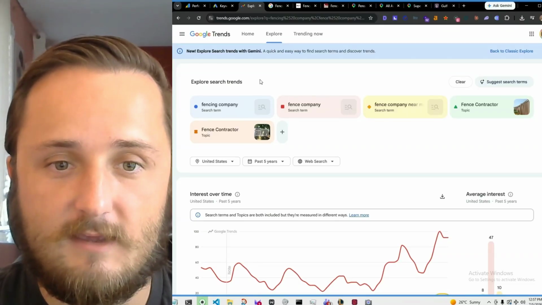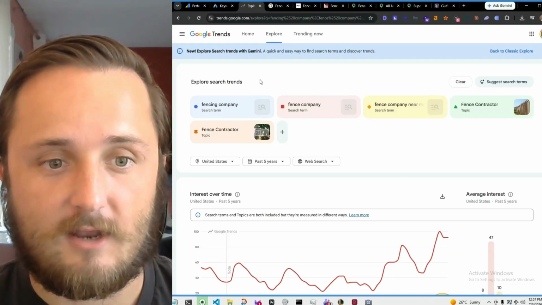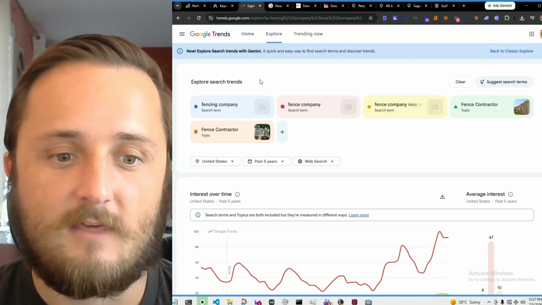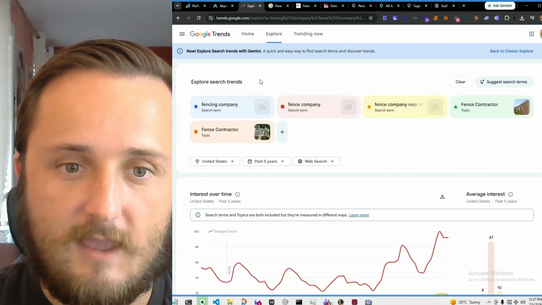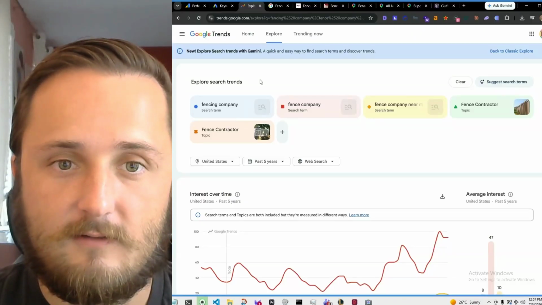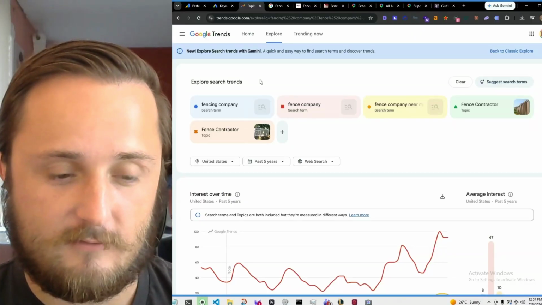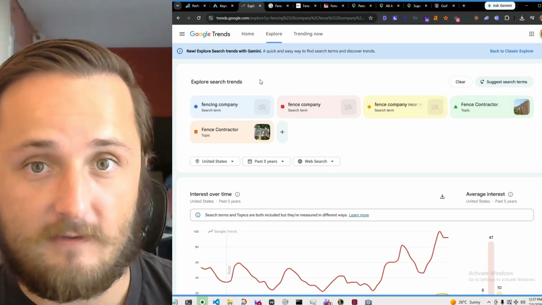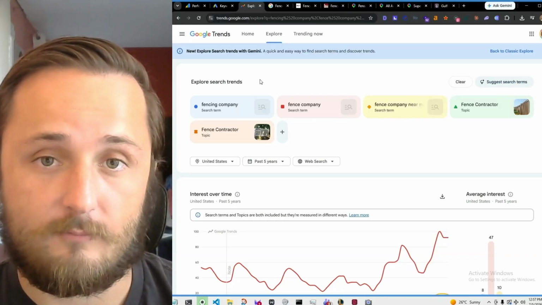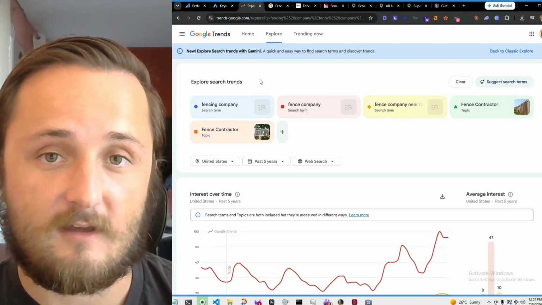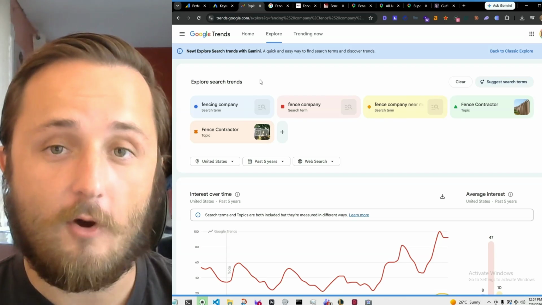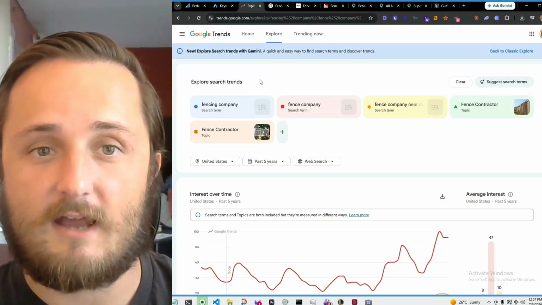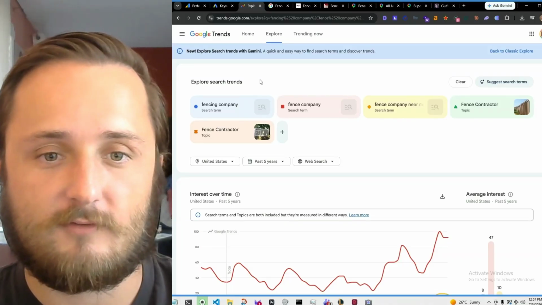If I made a blog on my website that targets a fencing guide, then what I'm going to get is traffic for that fencing guide. Now, if I target fencing company in Gulf Breeze or fencing company near me, those keywords are what's going to get me to convert traffic on my site to actually have people that are buying my services.